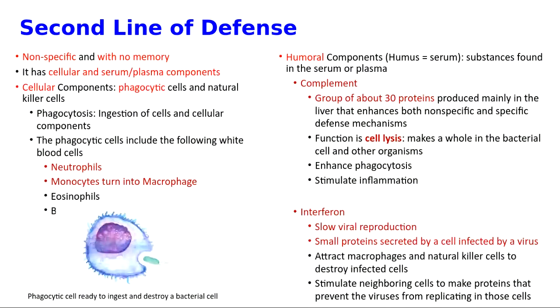They will attach to the bacterial cells and make a hole in the cell wall of the bacteria, and they will lyse, they will break. They also are involved in enhancing the phagocytic process of the white blood cells, and they stimulate inflammation.